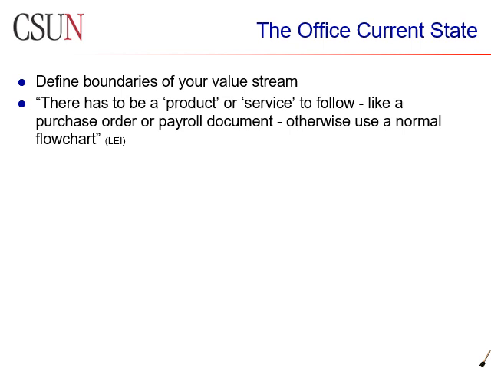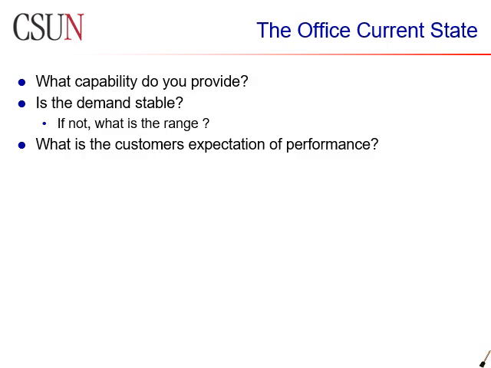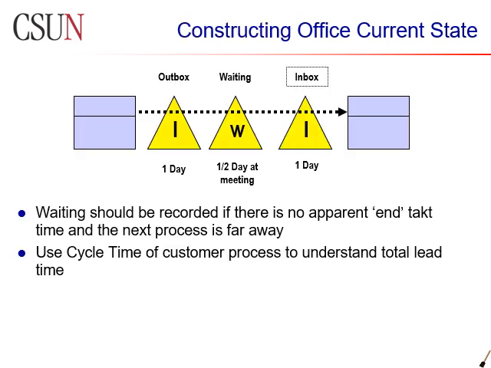So what we can do is define the boundaries of the value stream map, and there has to be a product or service to follow, such as a purchase order, payroll document, customer order, something to follow in order to draw it. So let's have a look at this one here. Instead of having the time between both of them as inventory, let's say that you need to send some purchase order from this place to this place.